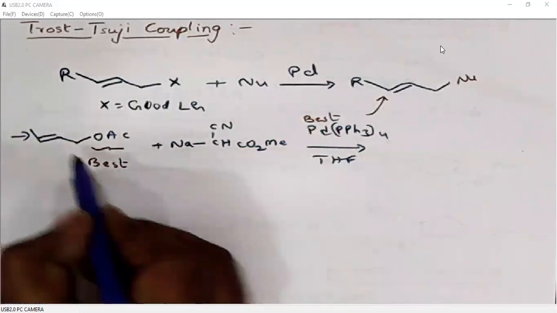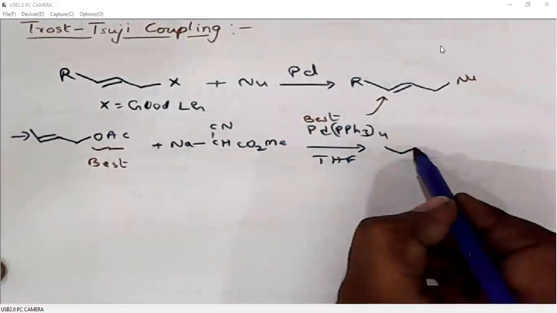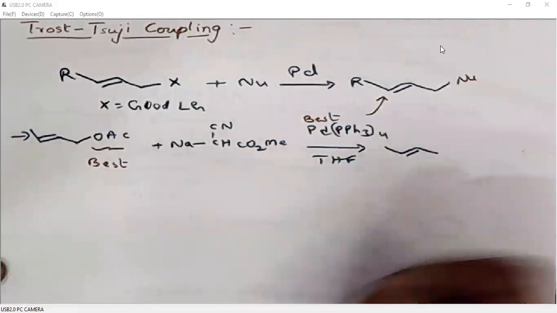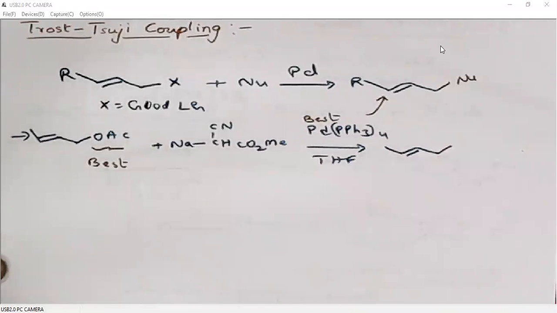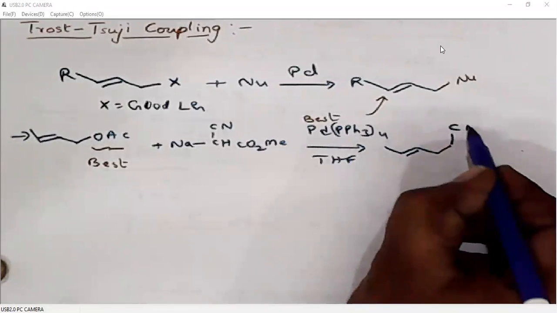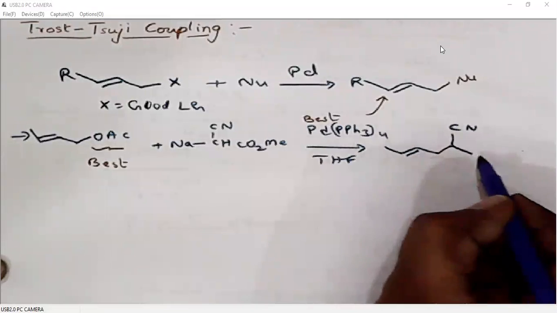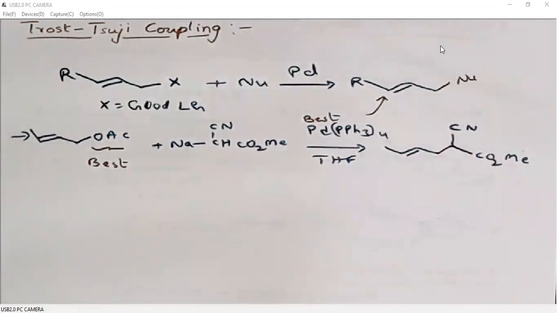The nucleophile will couple here. Then we have this CN and then CO2Me. So this is the product.